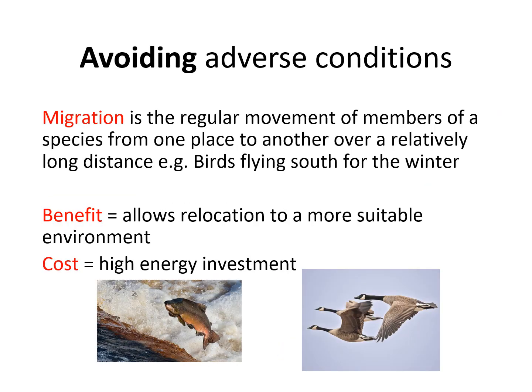So we've looked at how animals survive adverse conditions through dormancy, but how can animals avoid adverse conditions completely? So organisms use behavioural strategies to avoid these adverse conditions by the process of migration. And migration is this regular movement of members of a species from one place to another over a relatively long distance. So things like birds flying south for the winter.